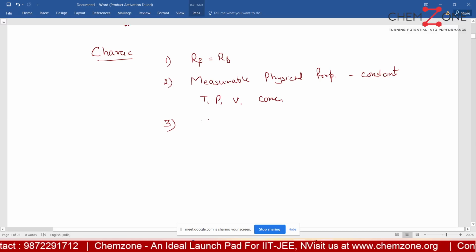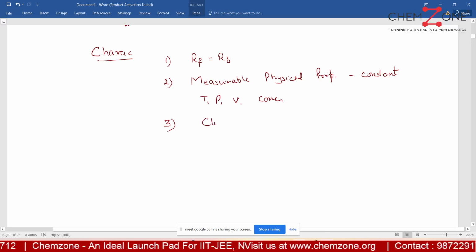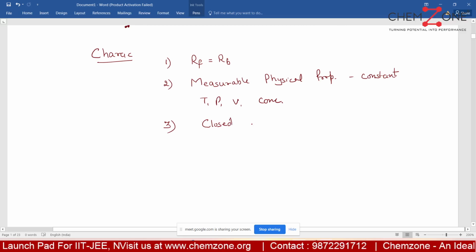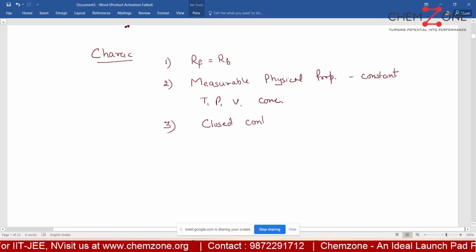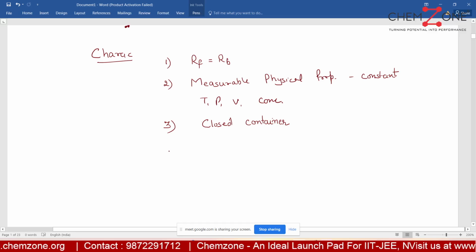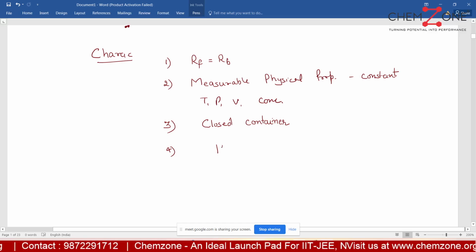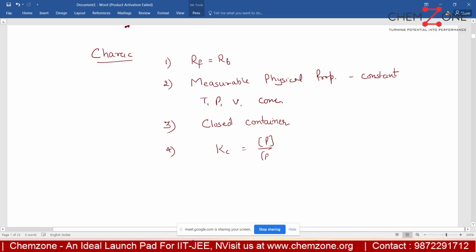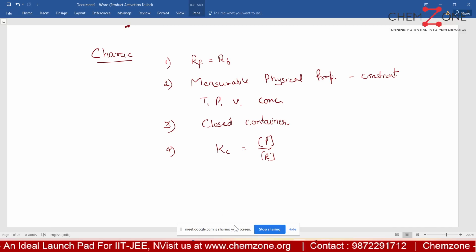Equilibrium can be achieved only in a closed container. Concentration of the product to that of reactant is equal to a constant value.